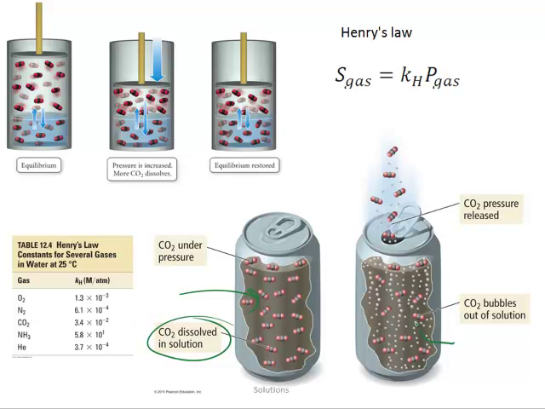If you decrease that pressure, solubility goes down, and the CO2 will exit the solution and go to the gas phase. So essentially, you can force the equilibrium position of carbon dioxide into the gas or into the liquid as a function of pressure. And you can calculate the solubility of the gas using Henry's law constants by measuring the pressure of that gas. Depending on the gas, they all have different values for Henry's law constants.